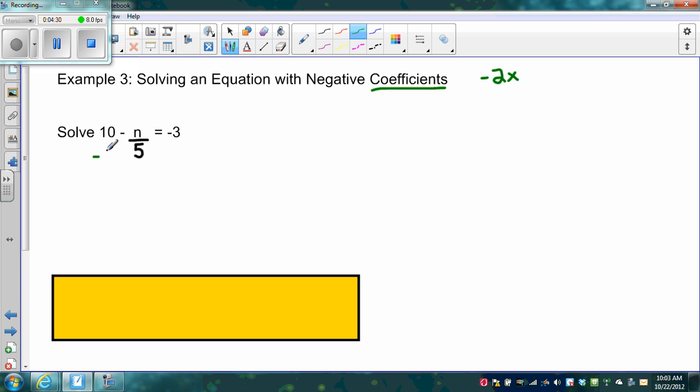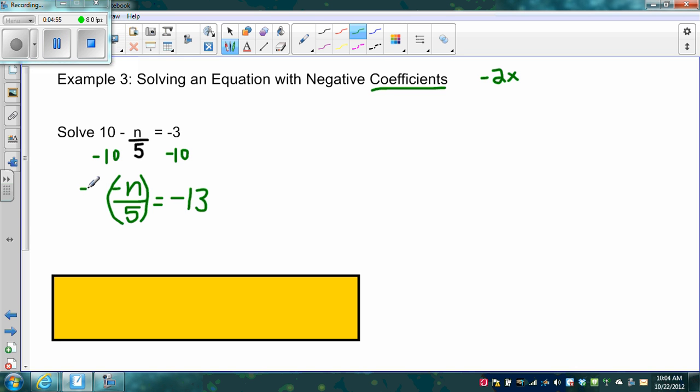So let's subtract 10 from both sides, and 10 is positive, which leaves us with negative n over 5 equals negative 13. In order to get n by itself without this negative sign, we know that a negative times a negative equals a positive.